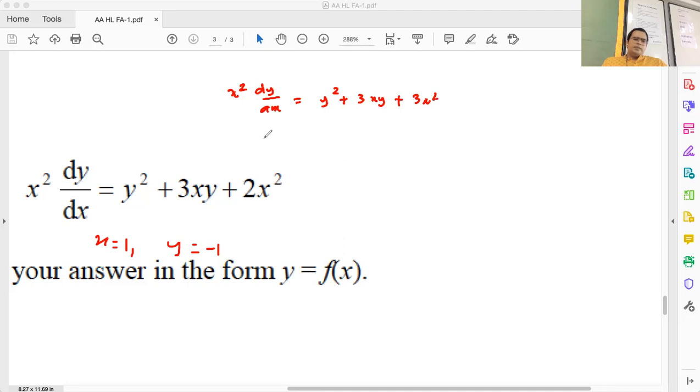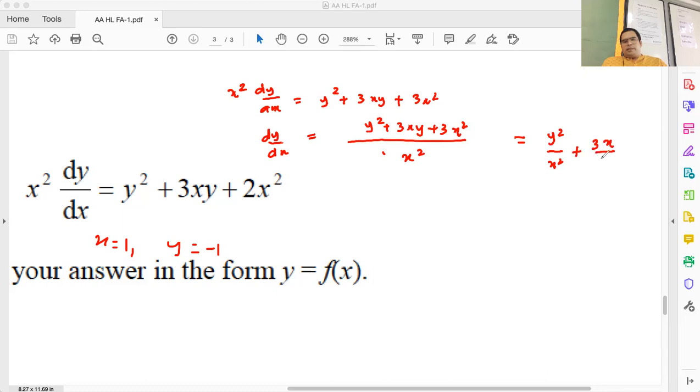If you make dy/dx the subject, you can write this as (y squared plus 3xy plus 3x squared) over x squared, which is (y over x) the whole squared plus 3 times (y over x) plus 3.